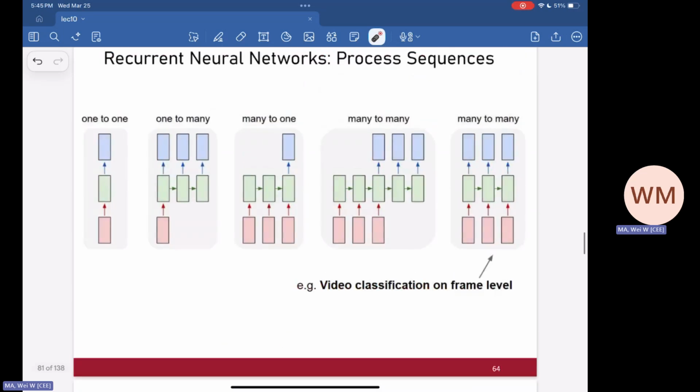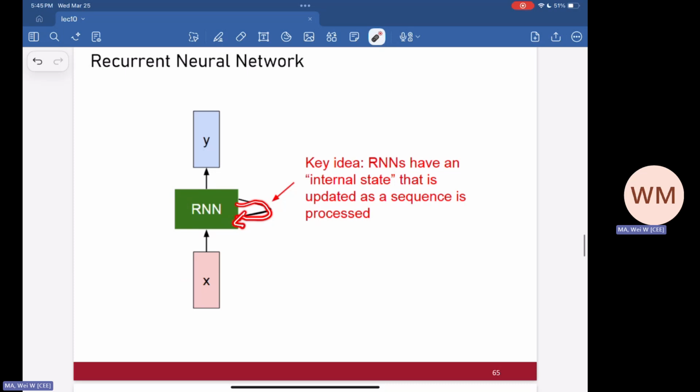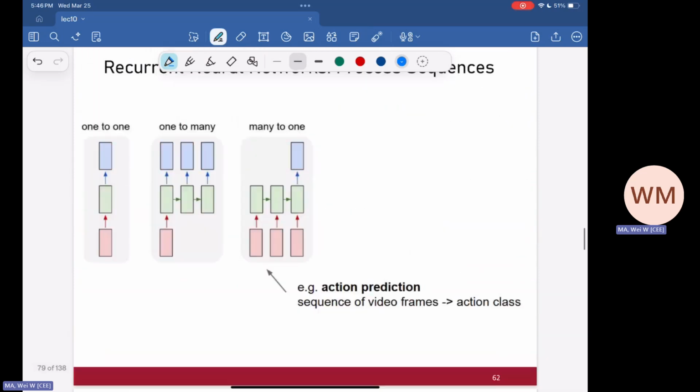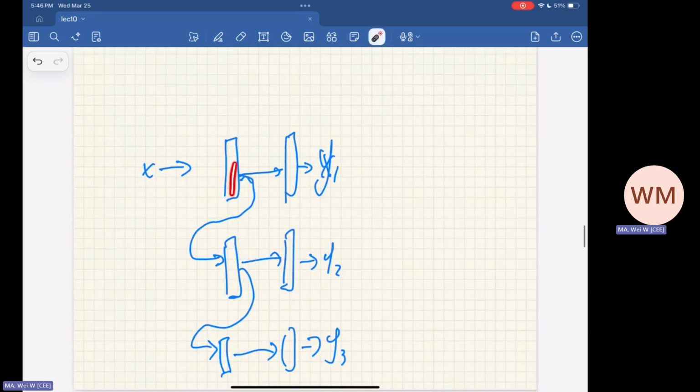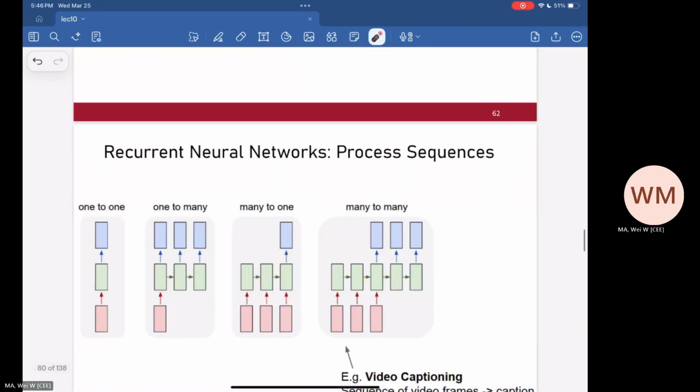Because this drawing is too complicated, we have a simpler drawing, where we say that there are some internal states that are recurrent. Basically the feature of the RNN is that we have some internal state that is updating itself.